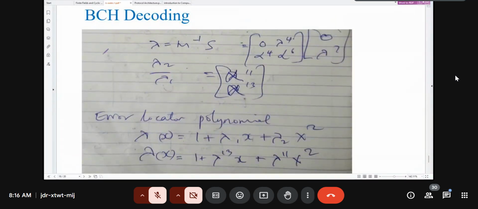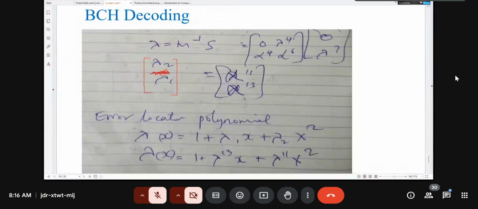So now we can get our lambda. What we want is the lambdas. Remember the lambda is just these matrices, starting with the highest going lower.